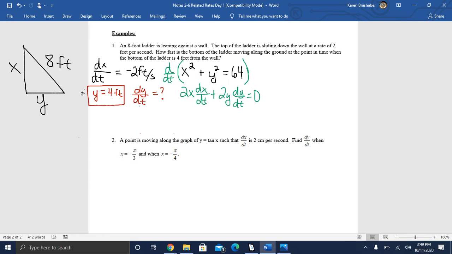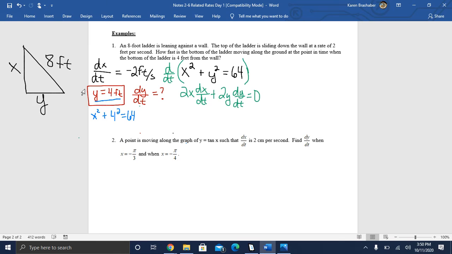I know that I want to know what's going on when y is a 4. So for this moment in time, I can substitute in the 4 and find out what x is at that moment in time.